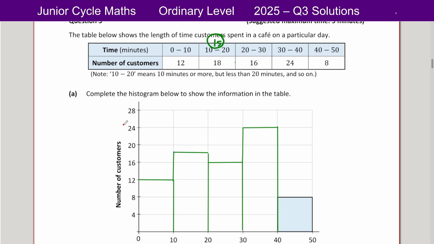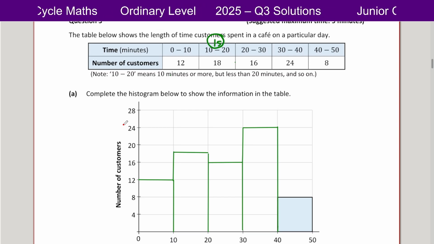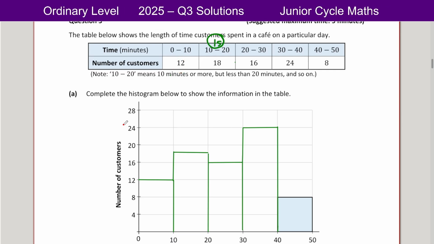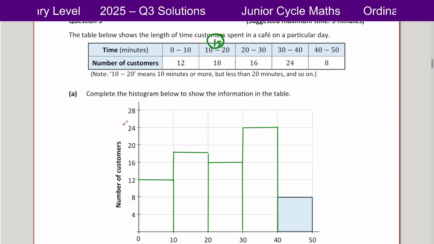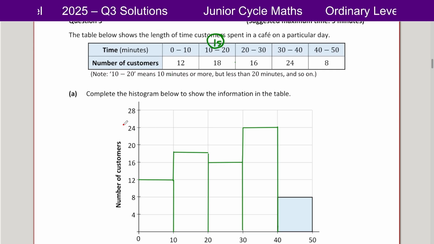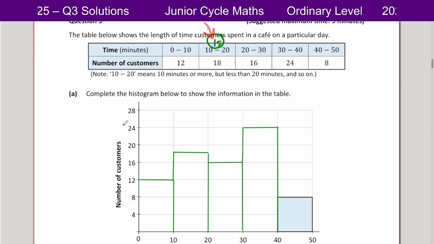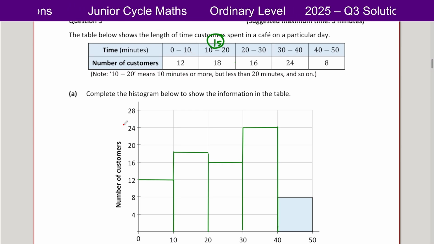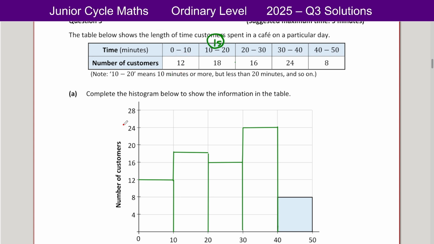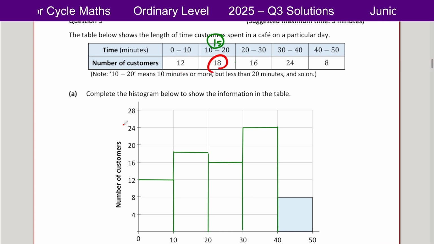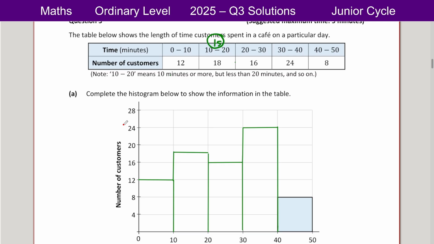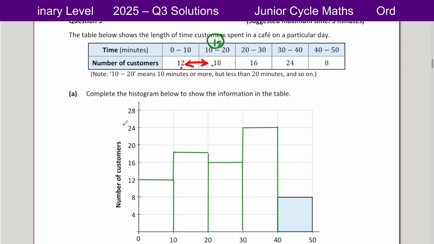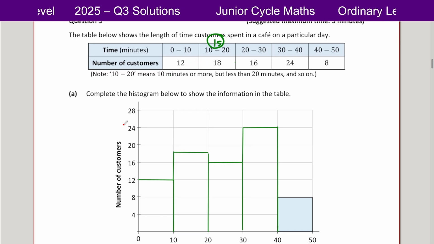This is the first step. And the second step, we already know that we have 12 people who spent up to 10 minutes in the cafe. Our target is 15, and 10 is less than 15, so we are sure that we have at least 12 here, plus the number of people in the second interval. So all we have to do is add those two numbers. You got my point, right?